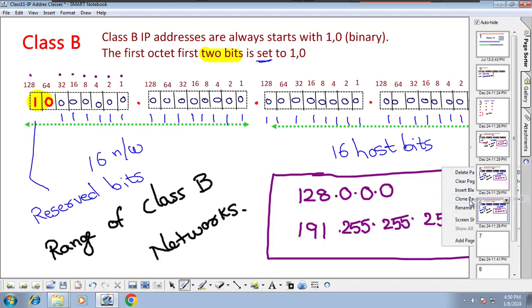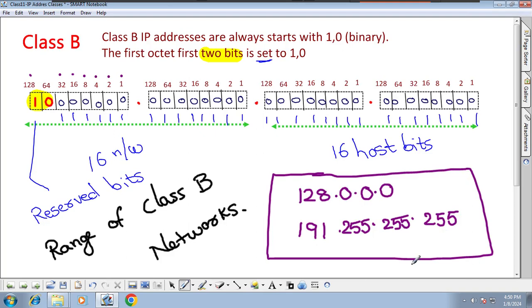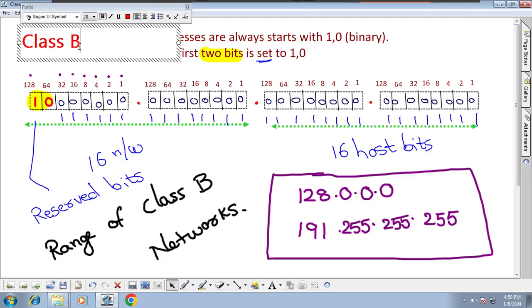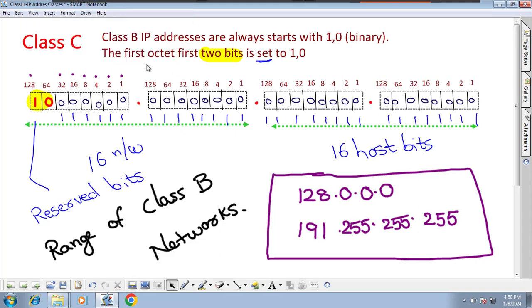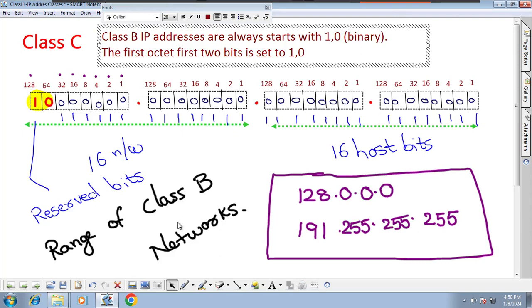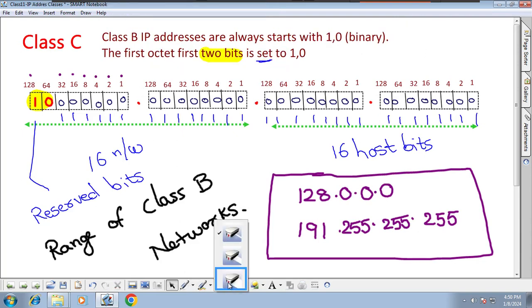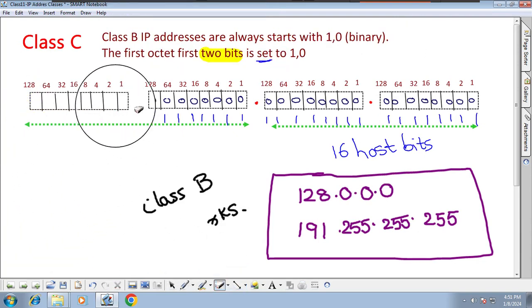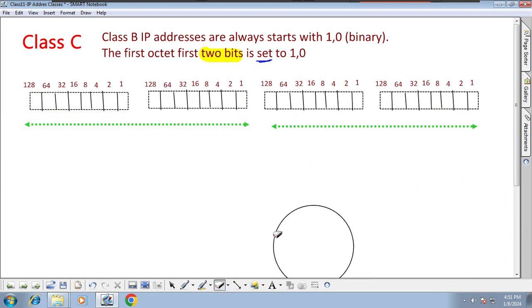Similarly, we go here and understand class C. I will give the thumb rule and you have to calculate the class C range. I will erase all these values. So first of all, class C has 24 network bits and 8 host bits.